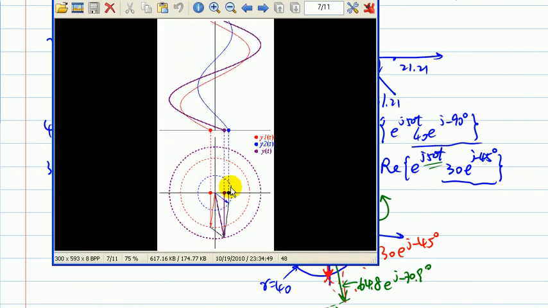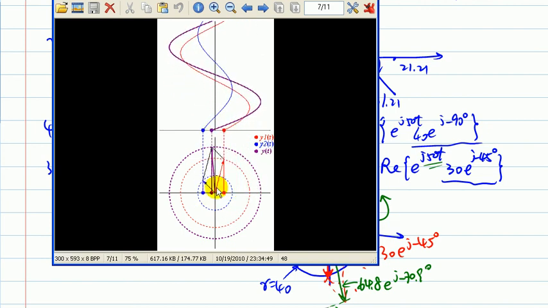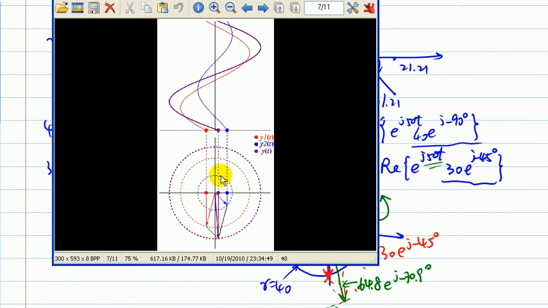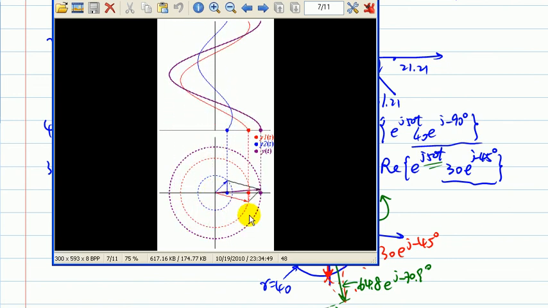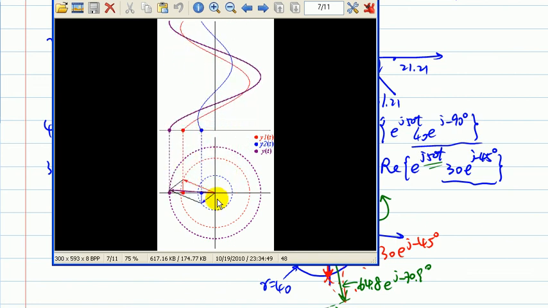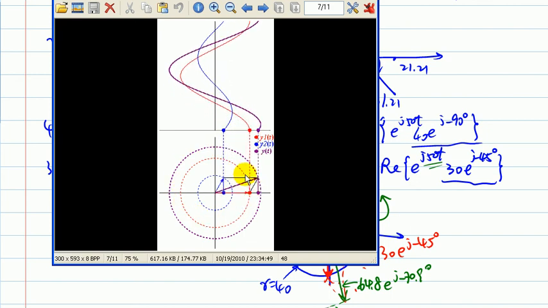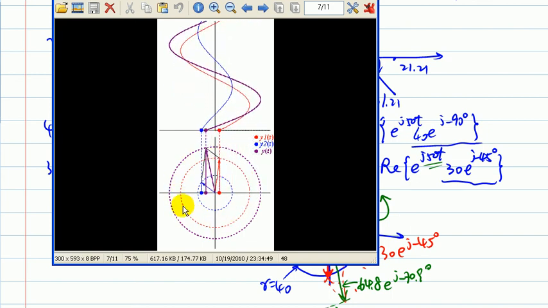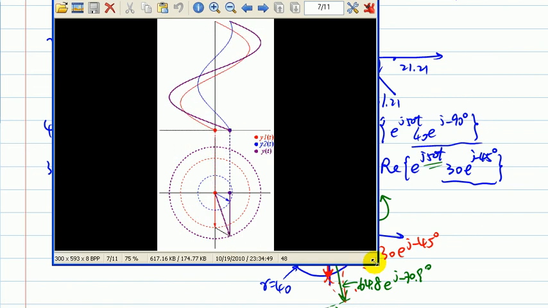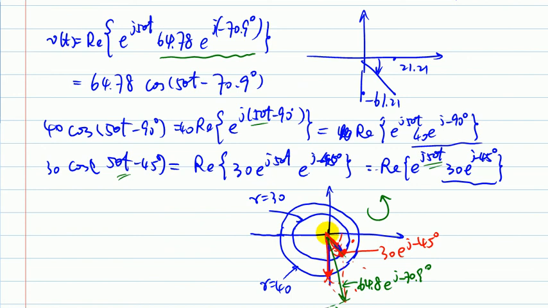The red line and the yellow line are the phasors of the given two functions, and the purple line in the middle is the addition of the two phasors. They all rotate together as time t varies, counterclockwise, and the starting position is what I give you over here.